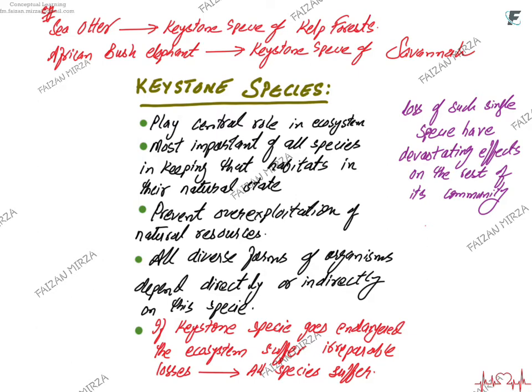These irreparable losses reverberate throughout the ecosystem, and all the species that directly or indirectly depend on the endangered species will suffer. So the loss of such a single species has, over time, had devastating effects on the rest of its community. So that's the basic concept of a keystone species.